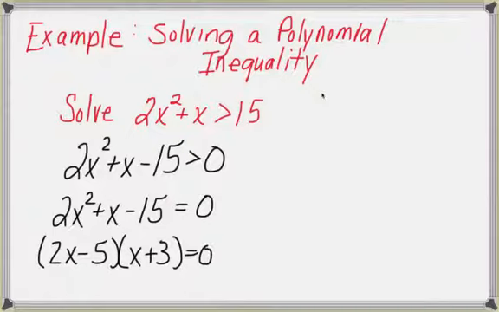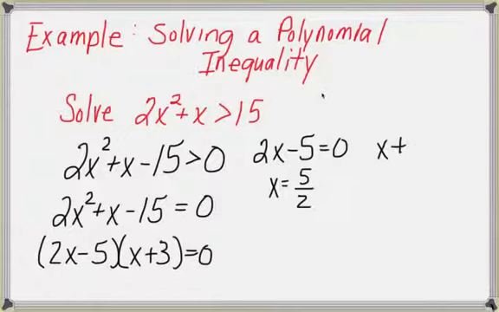And then remember, to solve it, you just take each factor, set it equal to 0, and find x. So the first factor, 2x minus 5, gives us an x value of 5 halves. And the second factor, x plus 3, gives us an x value of negative 3.